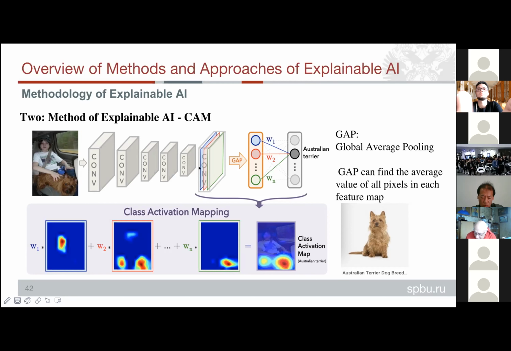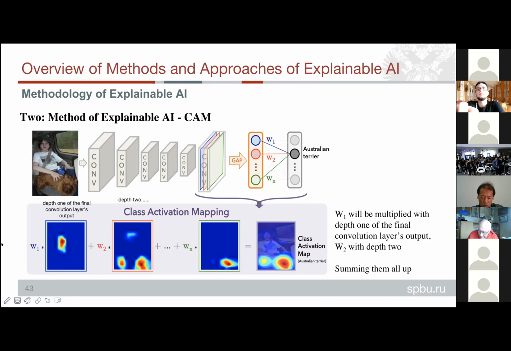At the first step, we input a picture to the network and compute the network's classification outputs. At the next step, we get the weights connected to the important neuron. Additionally, we save the output of the final convolution layer. Then we compute the CAM by multiplying each depth of the final convolution layer outputs with the corresponding weight connected to the important neuron.